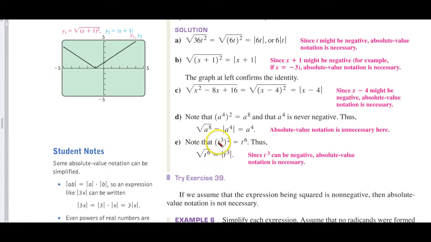Now, but this could have been a negative, so thus t to the 6th, you would have to protect it by the absolute value. Now, MathLab may be a little critical about this, but I'm not. Put your mind at rest here a little bit.